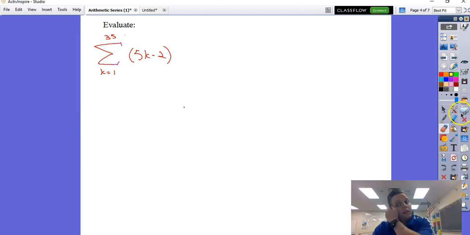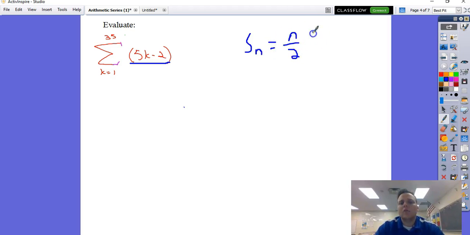All right, so let's read what this example is telling us. It wants us to sum up this explicit formula from the first term to the 35th term. Once again, you should remember that to find a partial sum, S sub n is equal to n divided by 2 times the first term plus the last term.